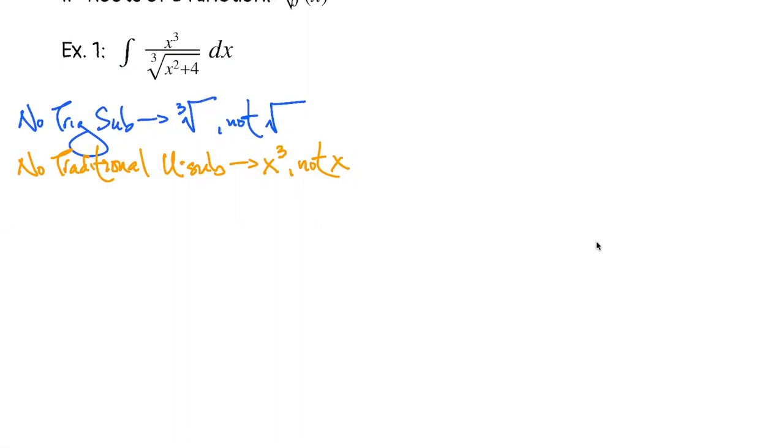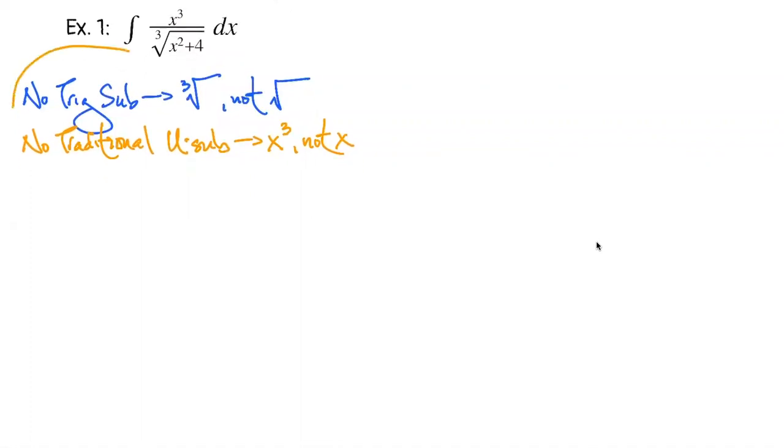But what we're going to do here is take a little bit more than we used to for a U sub and call that our U. So in this case, U equals not just the x squared plus 4, but the cube root of x squared plus 4. So like the whole denominator.